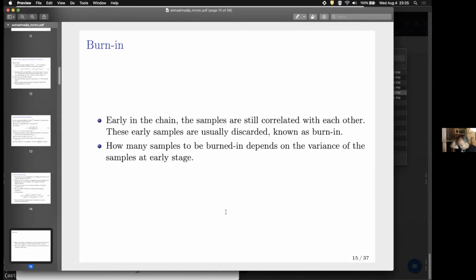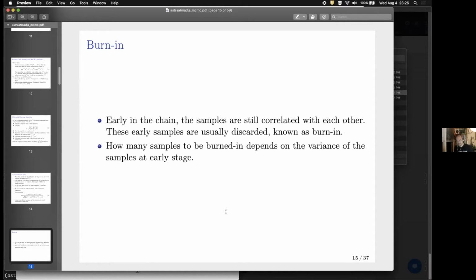Another concept is what we call burn-in. This is not really contentious, but some people like to contest it. It's common practice though. Usually the samples in the first few steps are still correlated with each other, so they still retain the initial distribution of the proposal distribution.